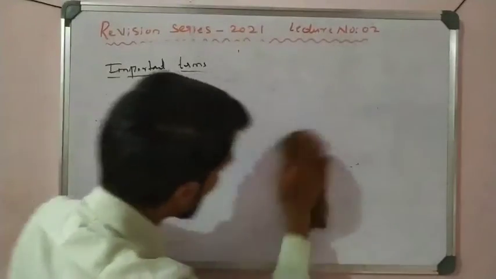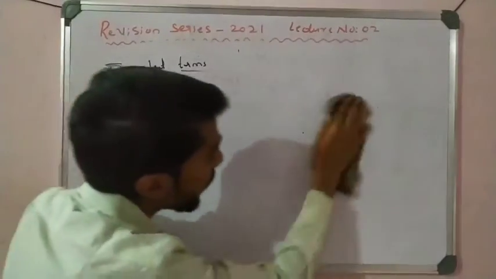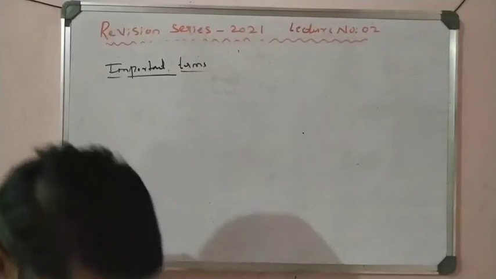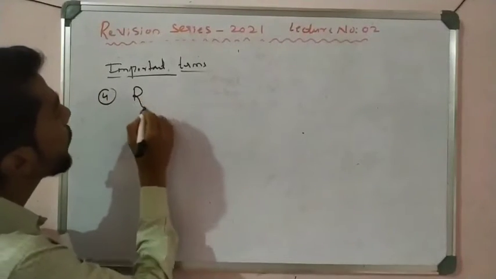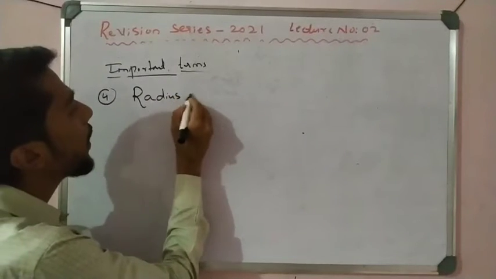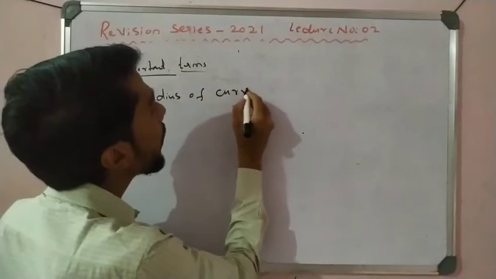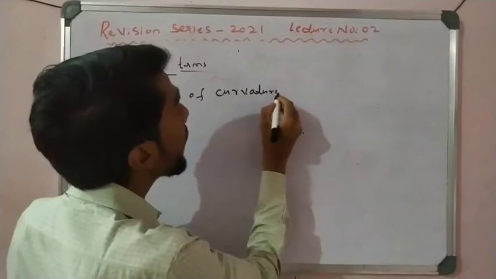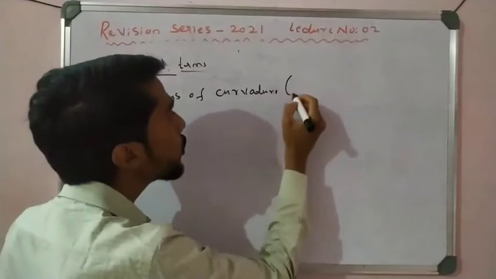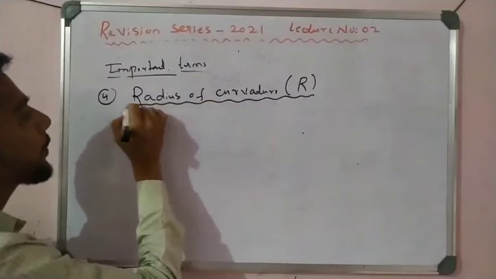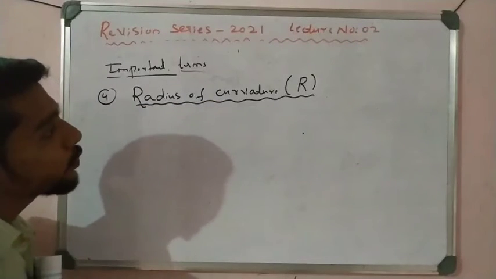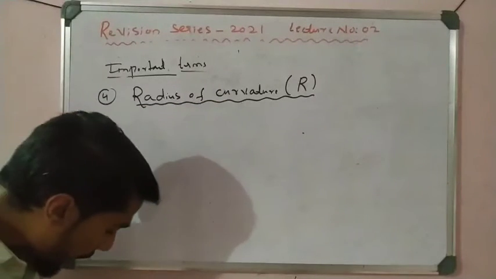Now take radius of curvature, that is very important. Fourth one, I think, right? Radius of curvature, and the symbol used is capital R, not small r. Please do not use small r, it is capital R. Okay, now see what the radius of curvature is.